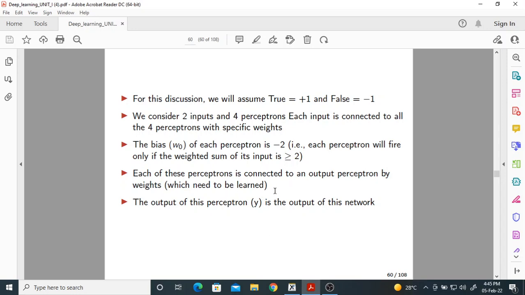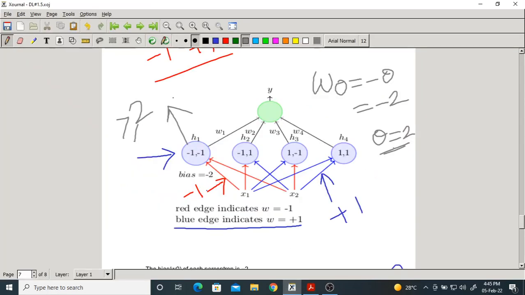Now, each of these 4 perceptrons is connected to a green perceptron, called the output perceptron, with some weights W1, W2, W3, W4.